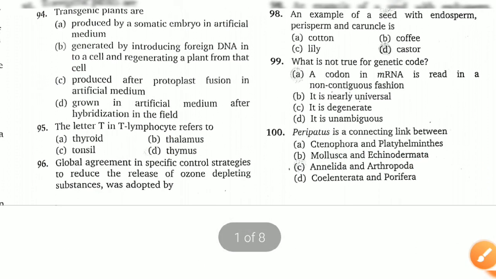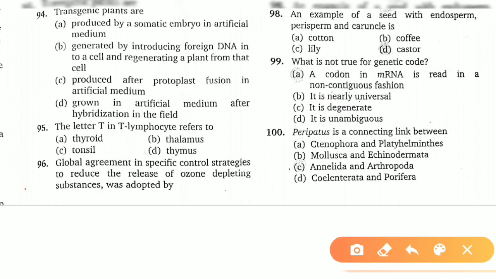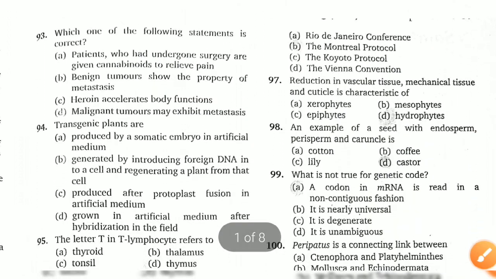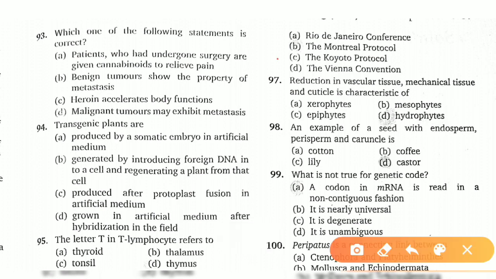Now, 96th question. The global agreement in specific control strategies to reduce the release of ozone depleting substances was adopted by, options are Rio de Janeiro Conference, the Montreal Protocol, Kyoto Protocol, Vienna Convention. The answer is the Montreal Protocol. Now, 97th question.